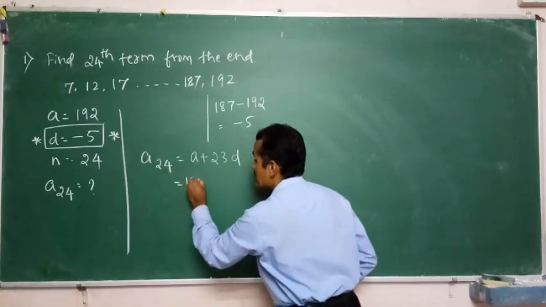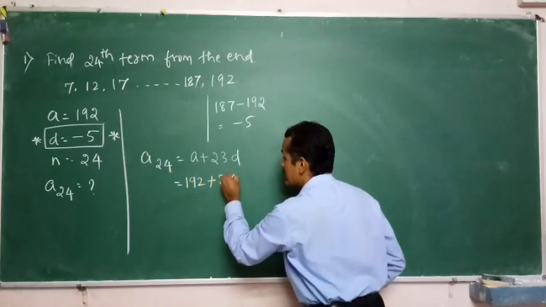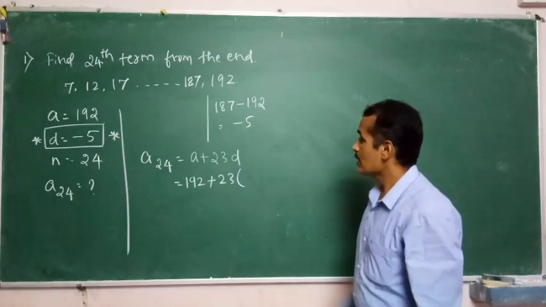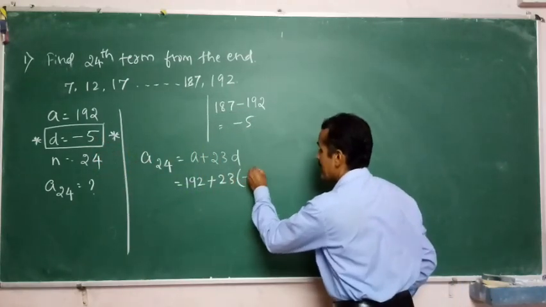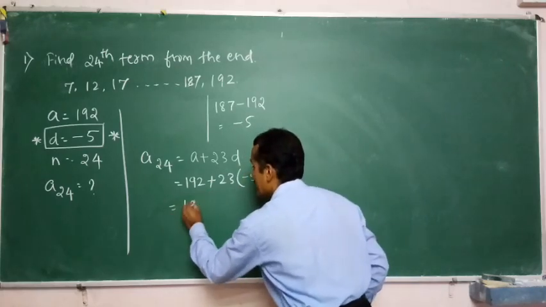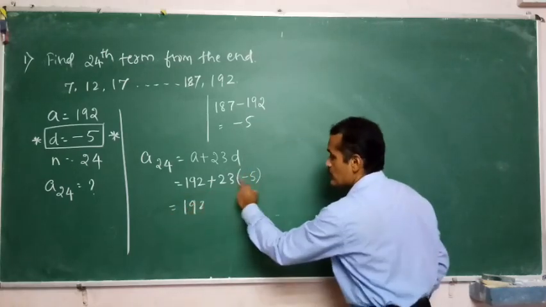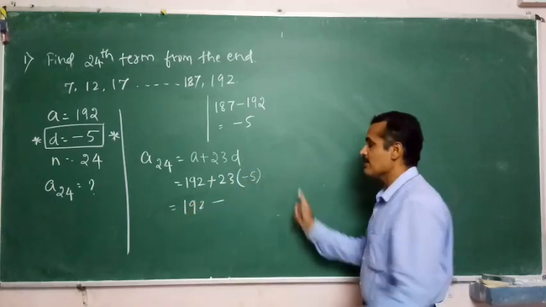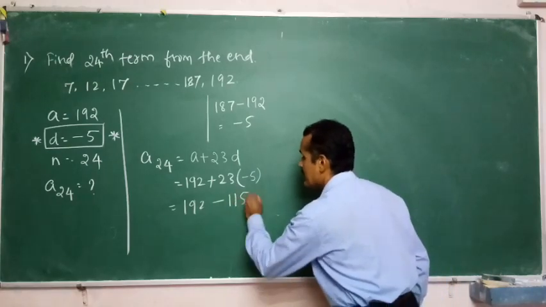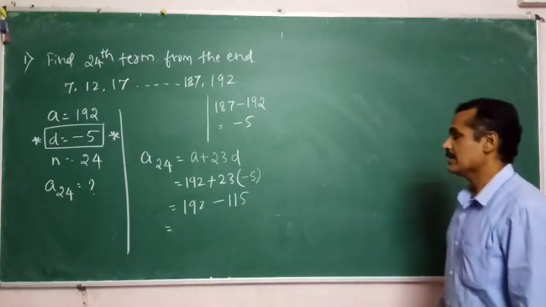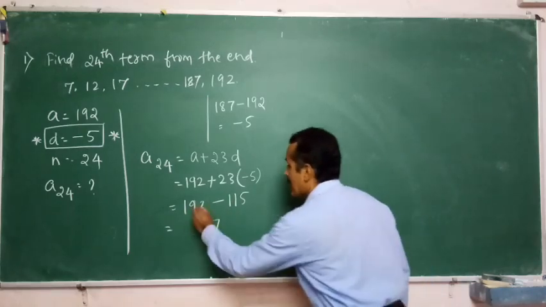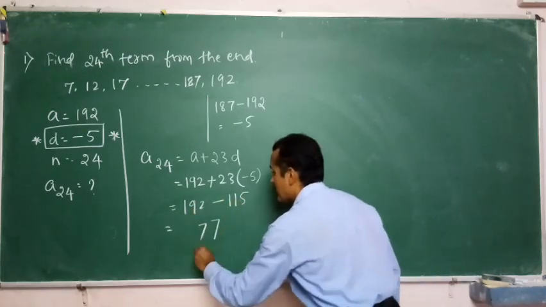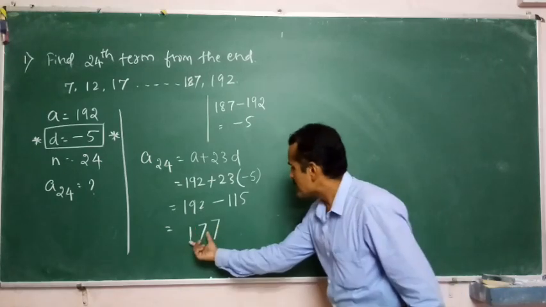A24 is equal to 192 plus 23 into the value of D, which is minus 5. Plus into minus, minus. 23 fives are 115. 192 minus 115: 12 minus 5 is 7, 8 minus 1 is 7, 1, am I right? 177?